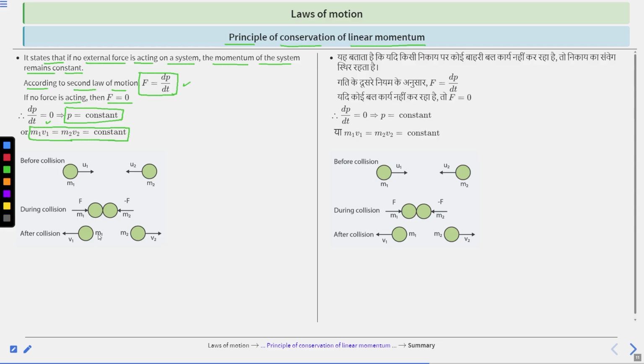After collision, mass m1 has velocity v1 and mass m2 has velocity v2. Clear? According to the principle of conservation of linear momentum, initial momentum and final momentum are equal and constant. Clear?